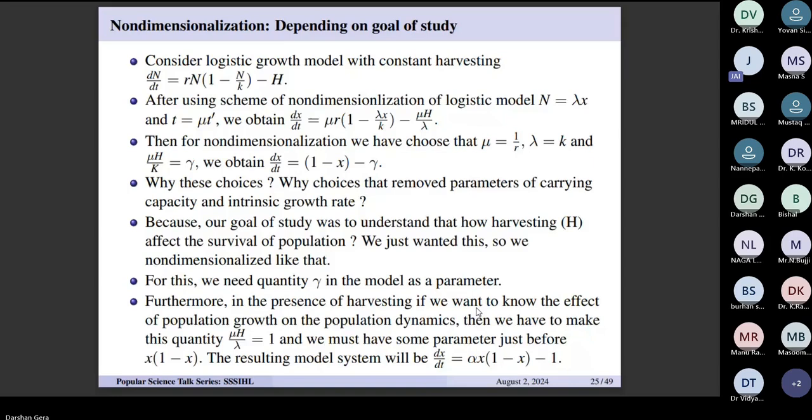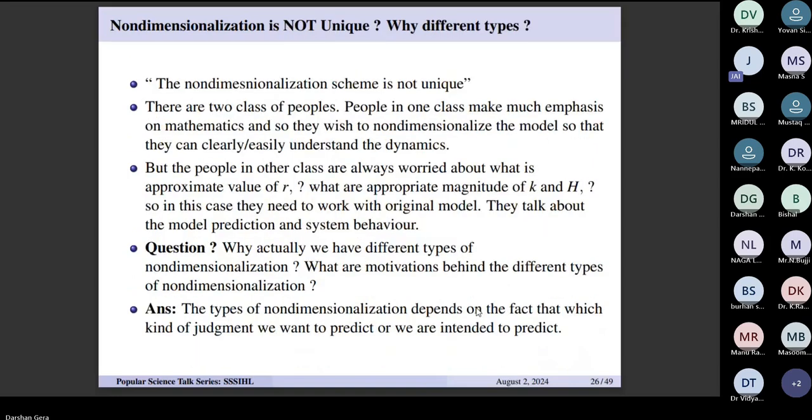So for this simple model, you can have many non-dimensional schemes. And also there are two classes of people. The biologists are interested in the experiment and the exact units of the parameters, and they are interested in the prediction of the system behavior.